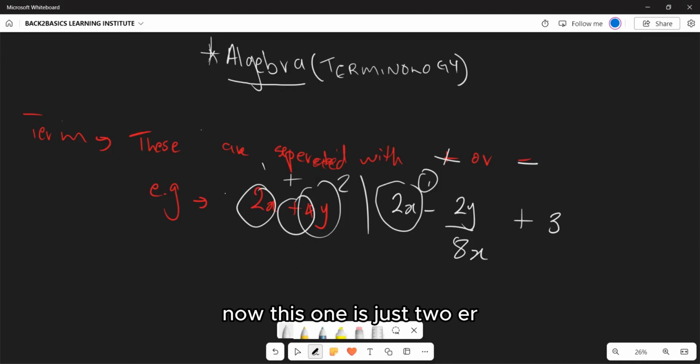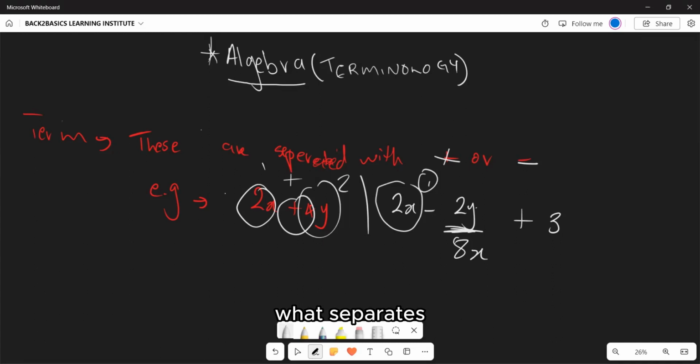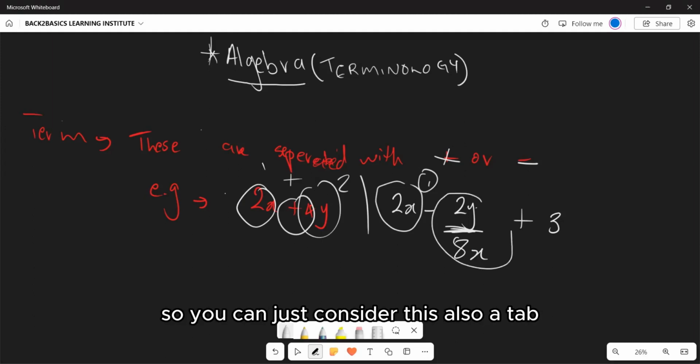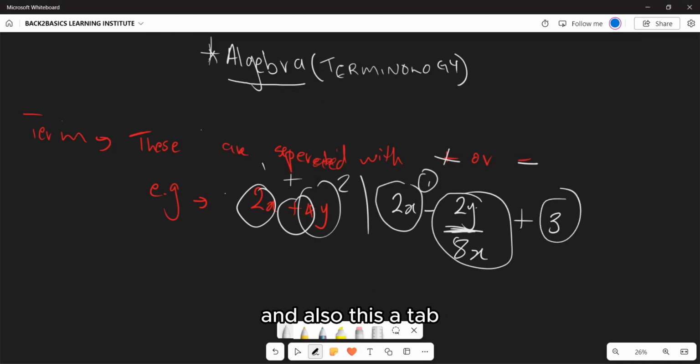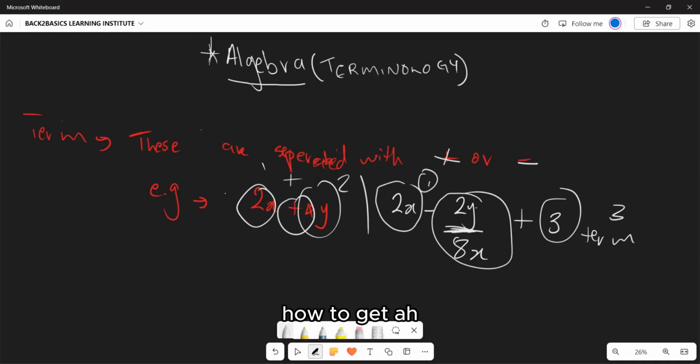Now this one is negative 2y divided by 8. As long as you still have a division sign here, or a multiplication sign, it doesn't separate the terms, right? So you can just consider this also a term, and also this a term, which means in totality you are going to have 3 terms altogether.